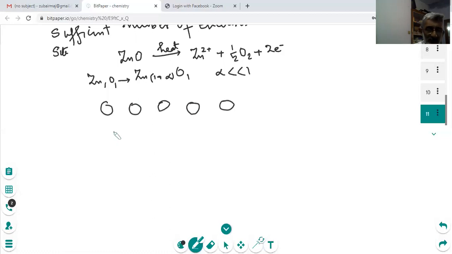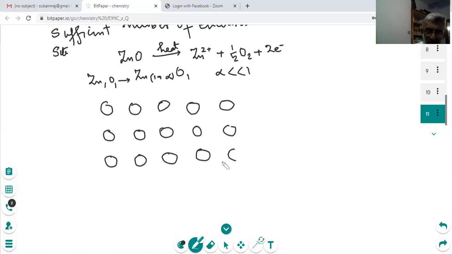Okay, then we have again the overall picture. All the motifs are arranged in a regular fashion in the usual crystal form, which we have been discussing for quite a few days. Each zinc will be separated by zinc 2 plus.